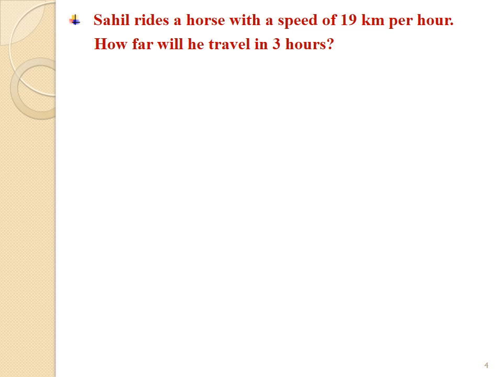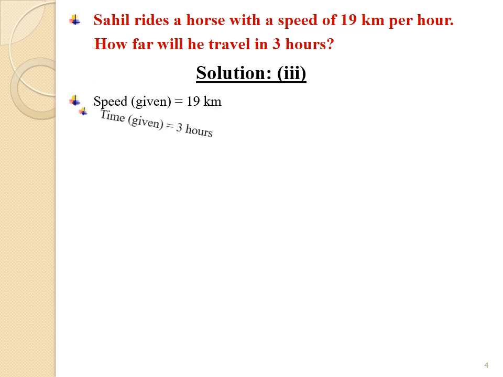So now, let's solve sum number 3. Speed is given 19 kilometers. Time is given 3 hours. Therefore, distance equals how much?